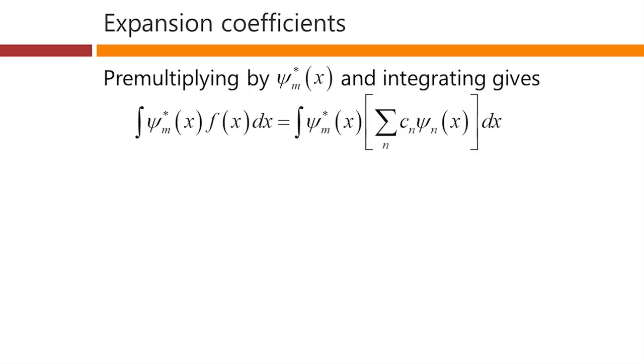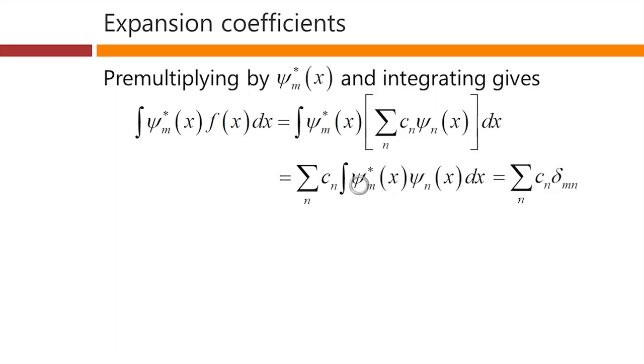On the right, we've substituted for f of x with the expansion. Then we flip round the order of the integrals and the summations, which works for the kinds of functions we're looking at here. So now we've got a sum over n of Cn times these integrals.